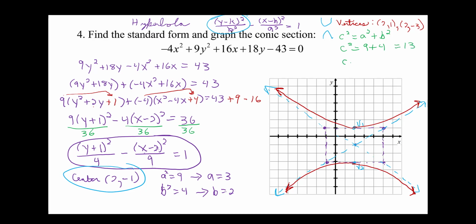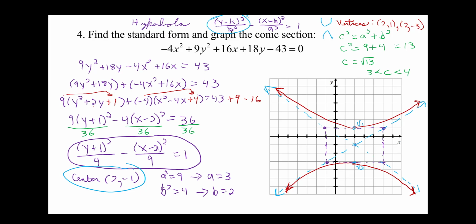That means c is equal to the square root of 13. The way I think of this is the square root of 13 is a little less than the square root of 16 and a little more than the square root of 9. So c is between 3 and 4.